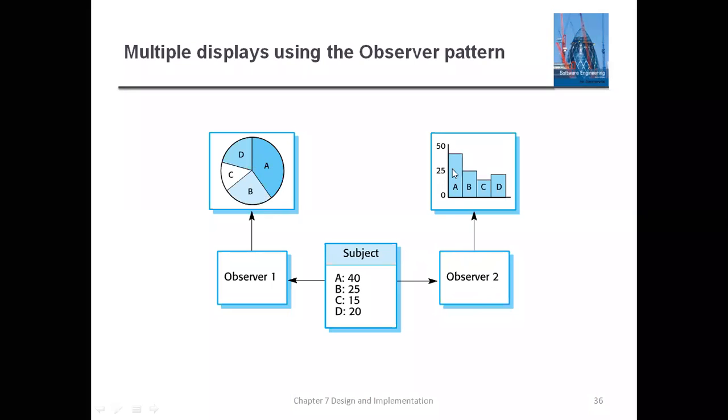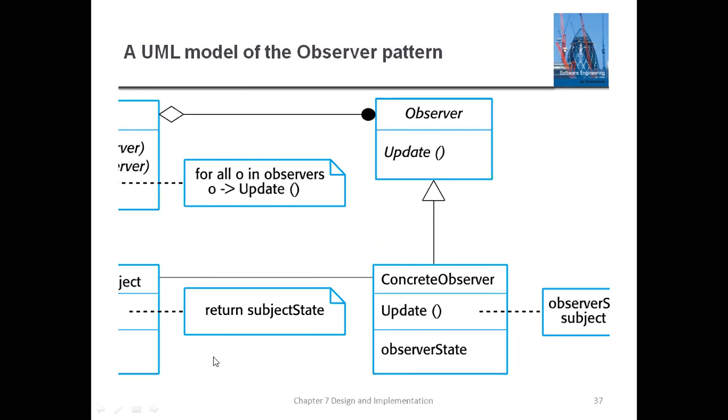But my observer 2 wants to see it in a bar chart pattern, but the values will be the same. So here, different varieties of patterns are available, and we can put our observance in any of the patterns. These things are known as your design pattern, but the values will be the same.